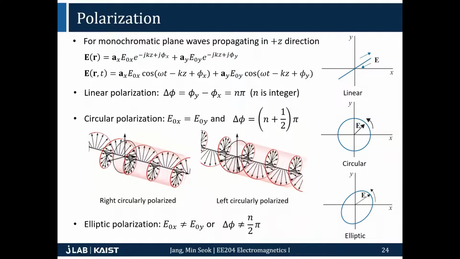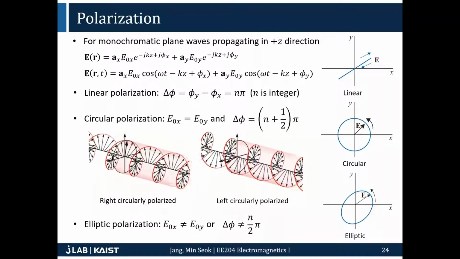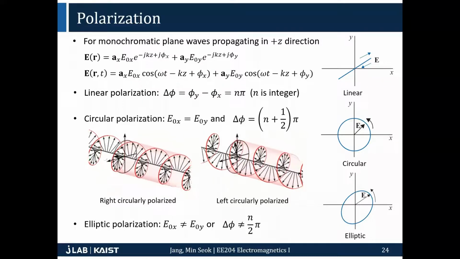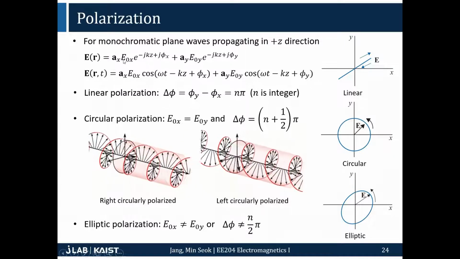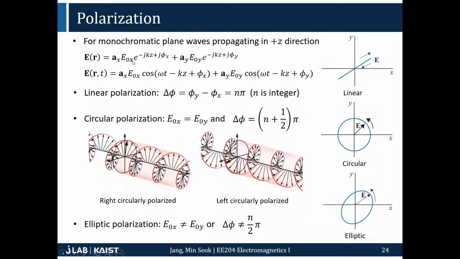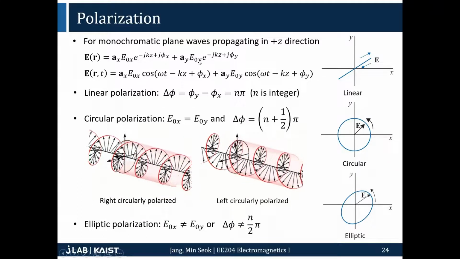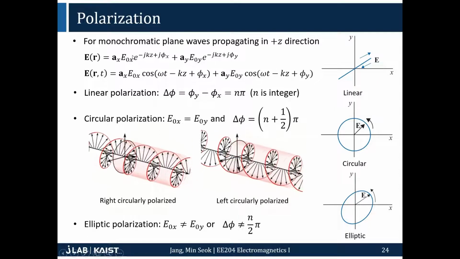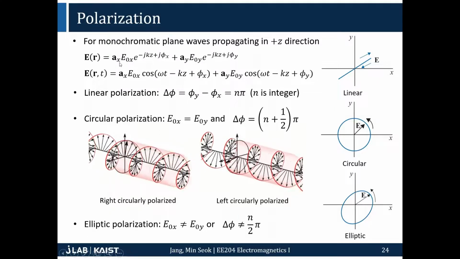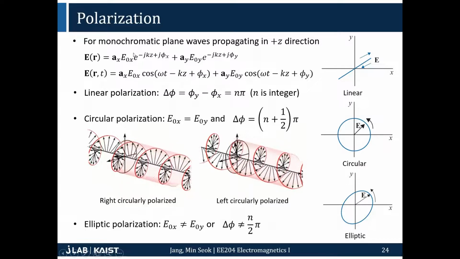And then E and H need to be perpendicular to each other. That's the only condition. Because of that, the electric field can have either an x component or a y component or both.